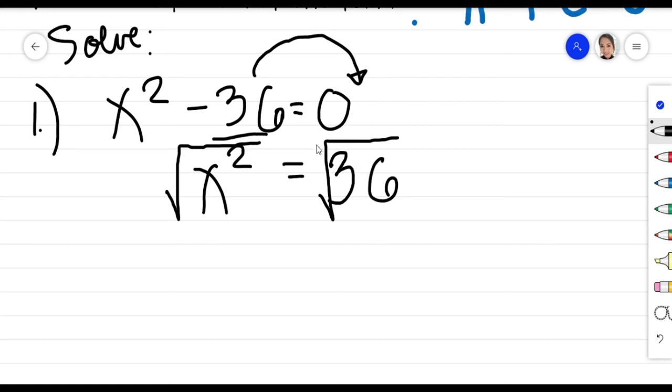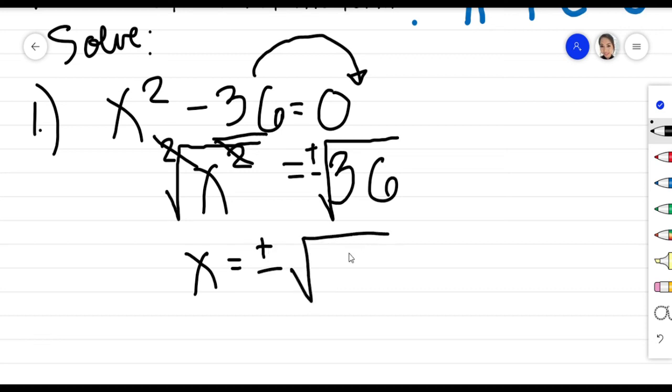So remember that a square root must have a positive and negative value. Now, square root of x squared, remember that there is an invisible 2 here. We can cross that out. So you have here x equals positive and negative square root of 6 squared, since 36 is 6 times 6, or that is 6 squared.